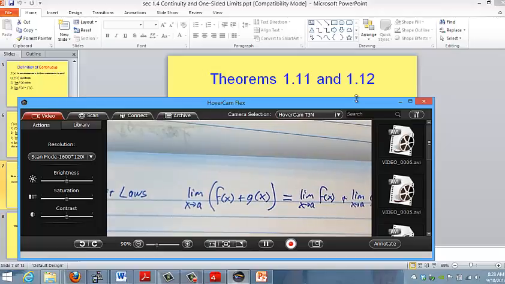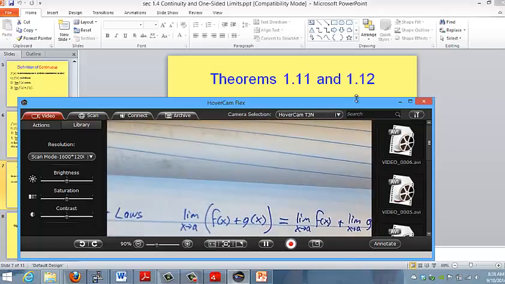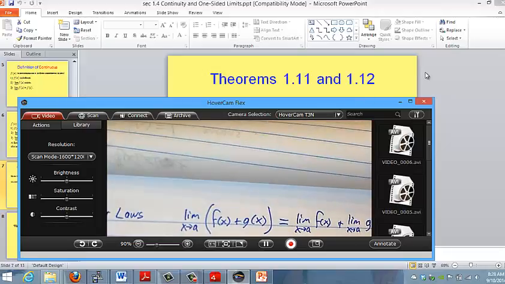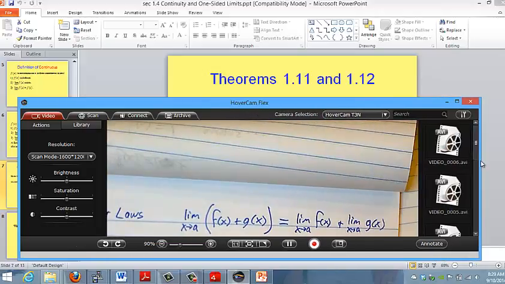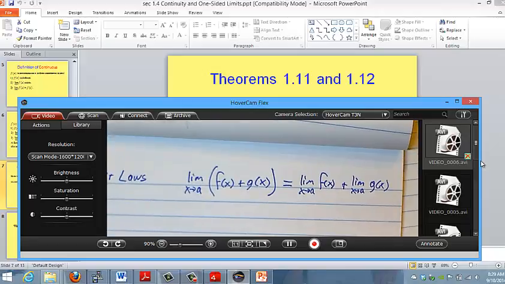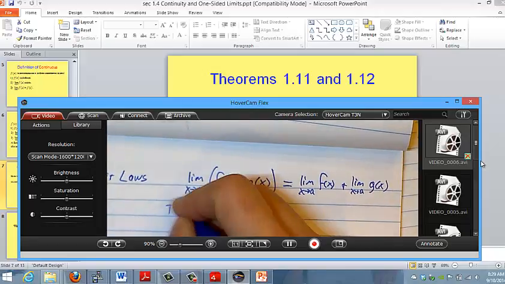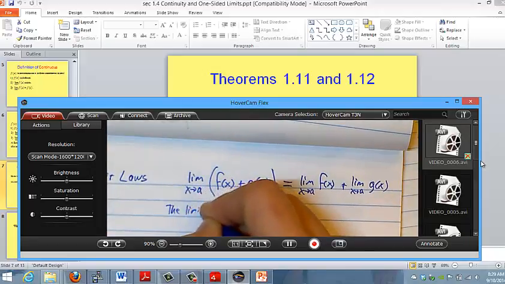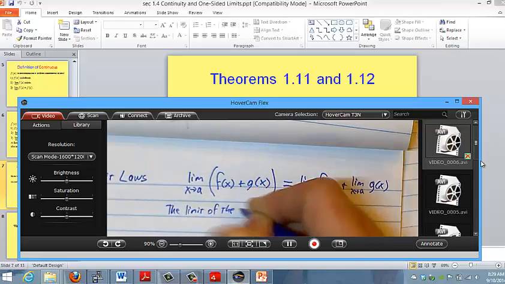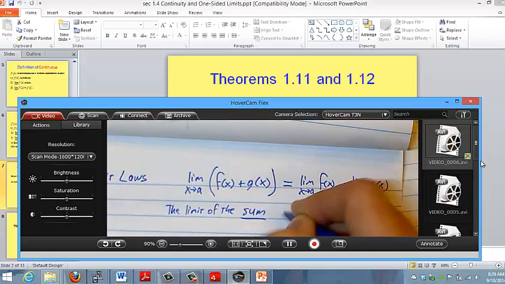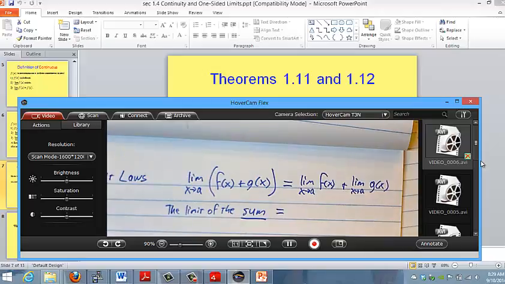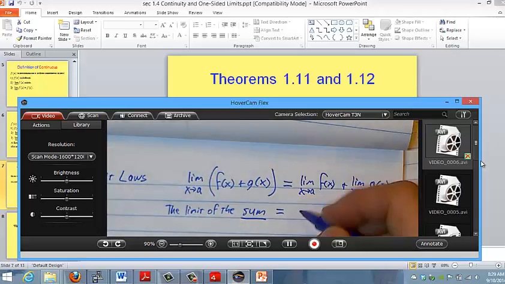A fancy way to say it, or maybe a way with English to word this, would be the following. I can say the limit of the sum is equal to, what would I say?